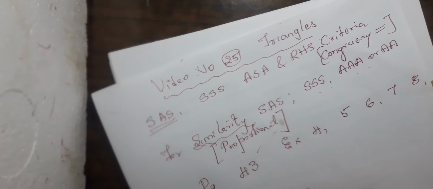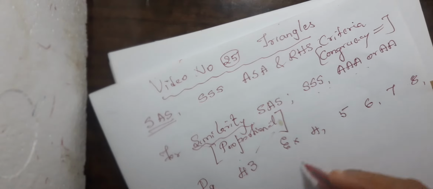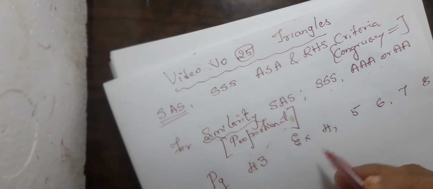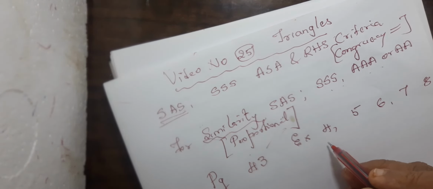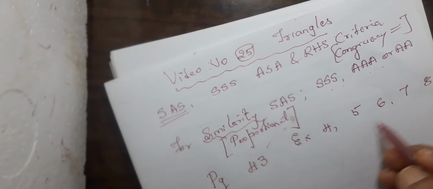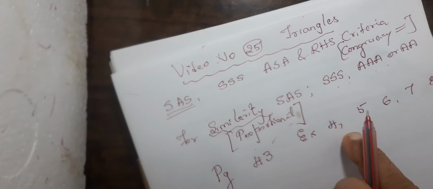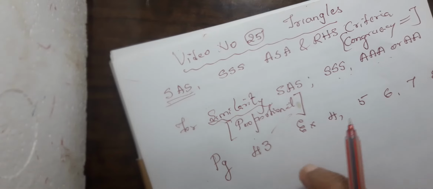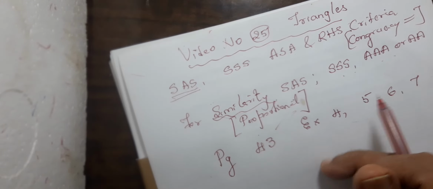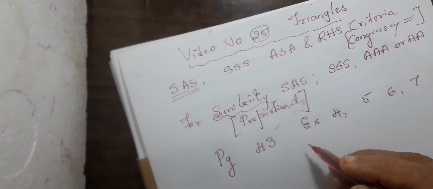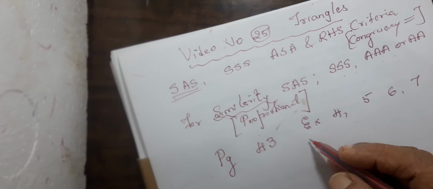All these problems you should look over. You will come to know whether it is SSS or SAS, by which criterion the triangles will be similar. Those are all examples showing the use of those criteria. Okay, children.